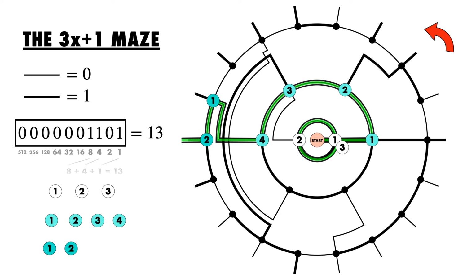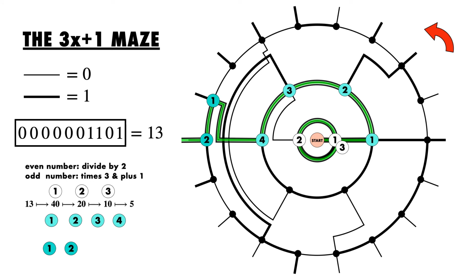And then again, even divide by 2, odd number times 3 and plus 1. So 13 times 3 plus 1, 39, 40. And then even 20, 10, 5 is the next odd number. Exactly 3 even numbers between 13 and 5, which is the number of nodes visited in the first circle.